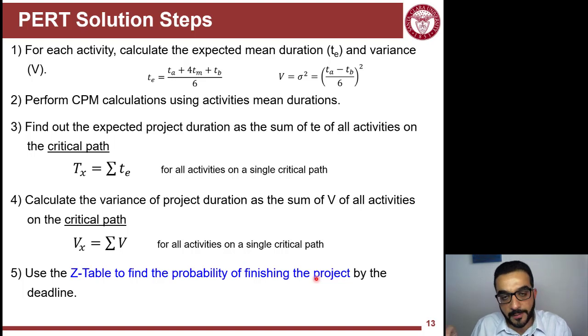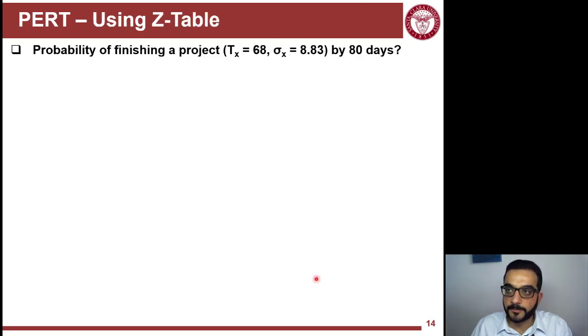It's not what's the mean duration of the project, but it's what's the probability, based on that mean duration of the project and the variance, of finishing the project by a deadline? So let's see this question here. Probability of finishing a project that has a mean duration of 68 and a standard deviation of 8.83. We're finishing that by 80 days.